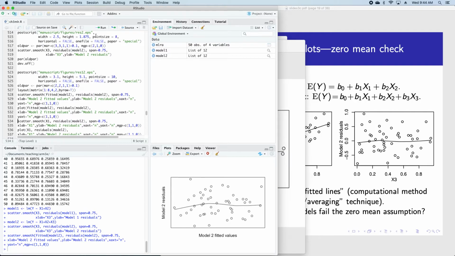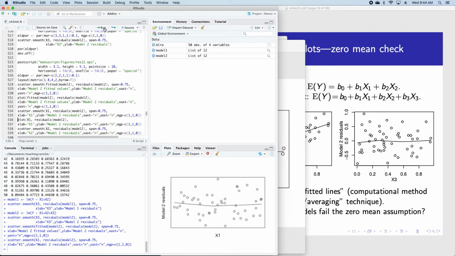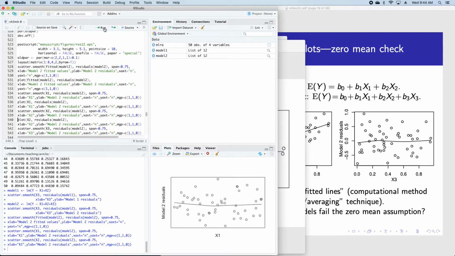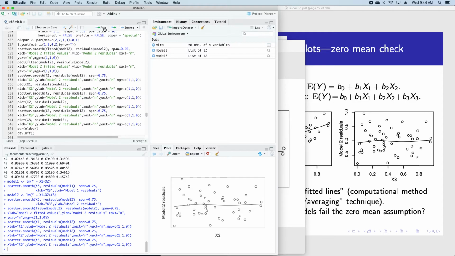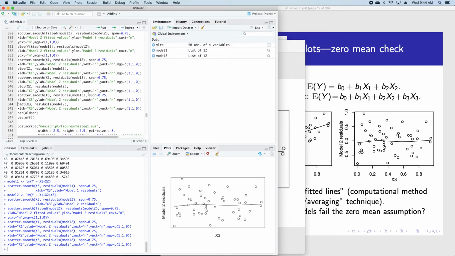Okay, let's look at x1 on the horizontal axis. Again, zero mean, constant variance, independence all look good. There's x2 on the horizontal axis. Those 3 assumptions all look good. And there's x3. We've already spent some time with x3. Okay, so for all of those plots, all three assumptions look pretty good.